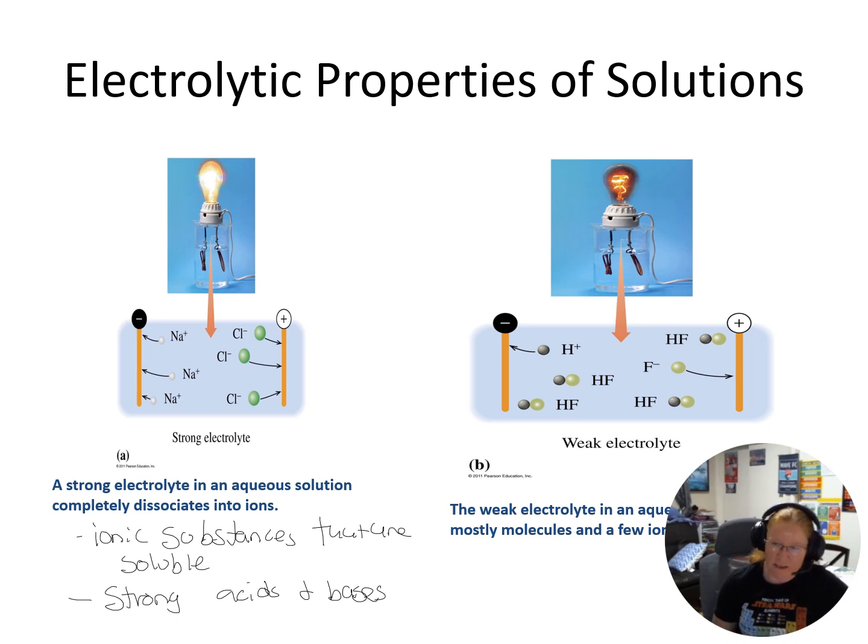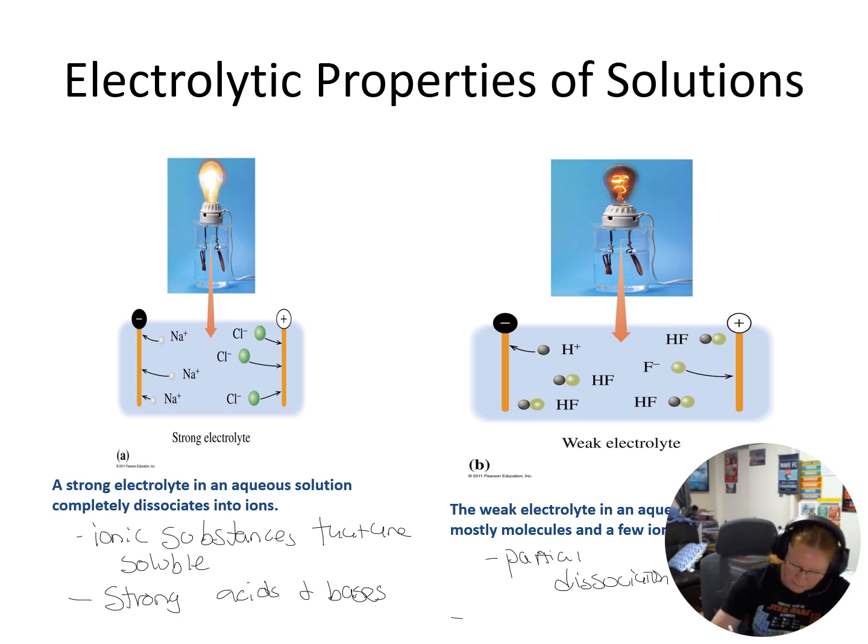A weak electrolyte, though, if you look here, I have hydrofluoric acid. And if you look at the molecular picture, I only have a little bit of hydrogen ion and a little bit of fluoride ion. Mostly, I have fully intact hydrofluoric acid molecules. And so a weak electrolyte is only going to partially dissociate. Okay, partial dissociation.